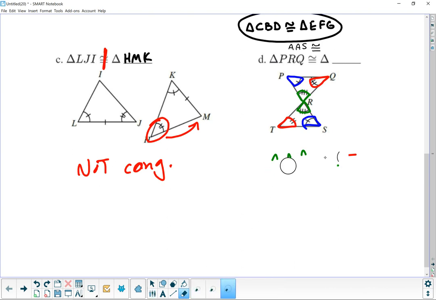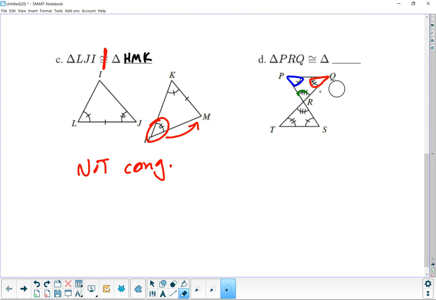You can just write down not congruent. You would need one of the sides in between, or you would just say it's not congruent, and just write a statement for that. So I'll just write a statement. I'll just call this triangle PRQ. And then I'm just going to write it any way I want because it's not congruent.